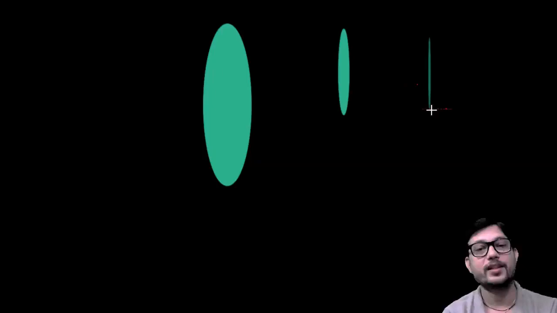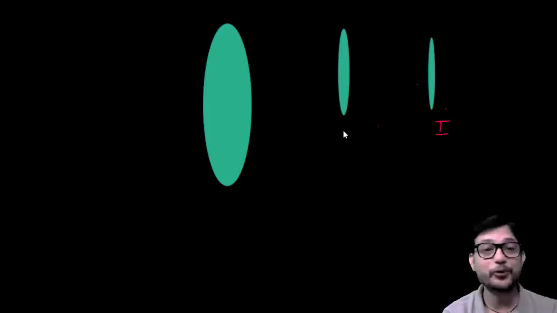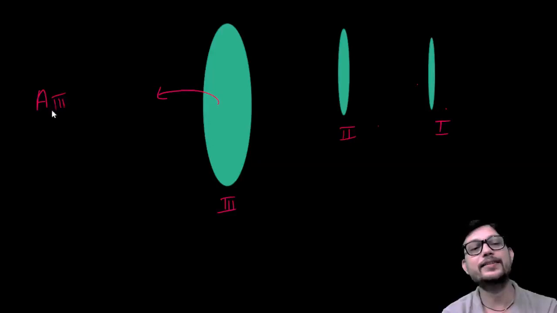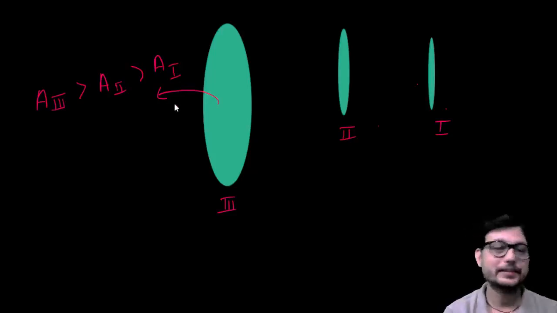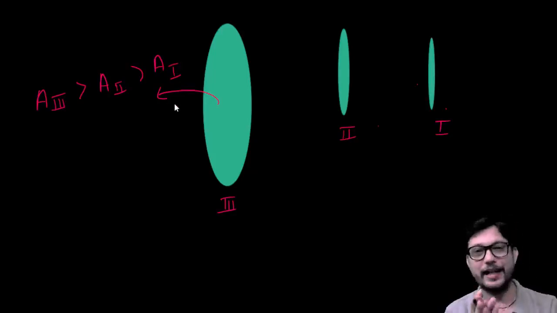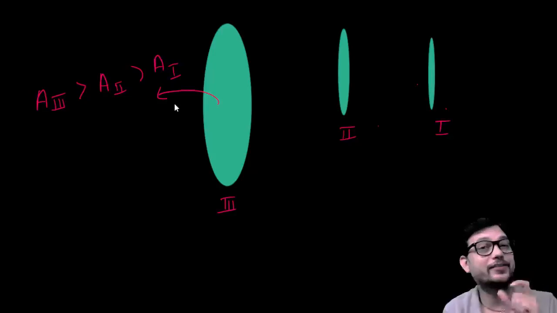So here we are taking three lenses. This is your first lens, this is your second lens, and this is your third lens. The aperture of the third lens is greater than the aperture of the second lens, which is greater than the aperture of the first lens. I hope you can now better understand the basic sense of aperture.